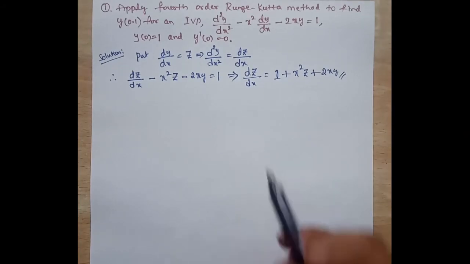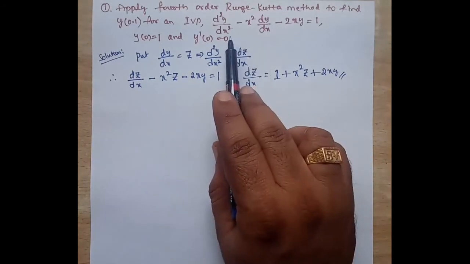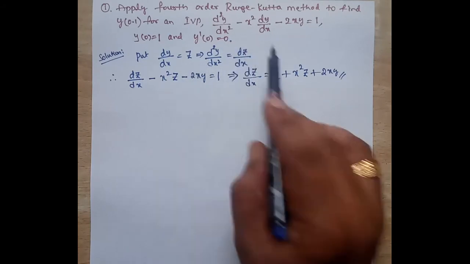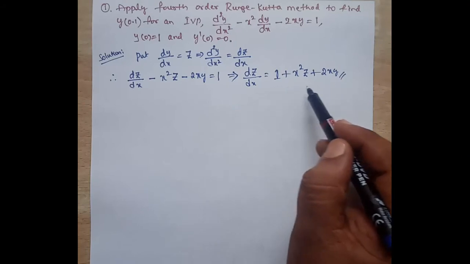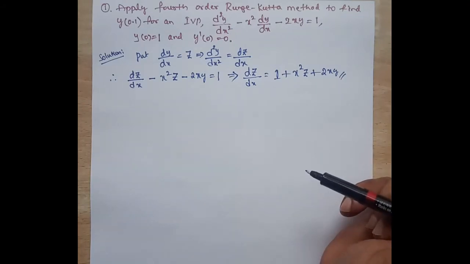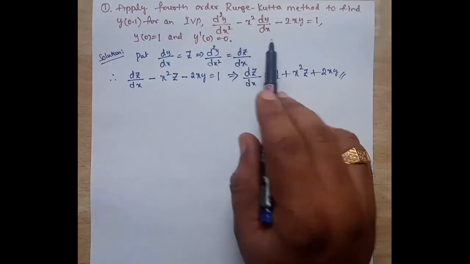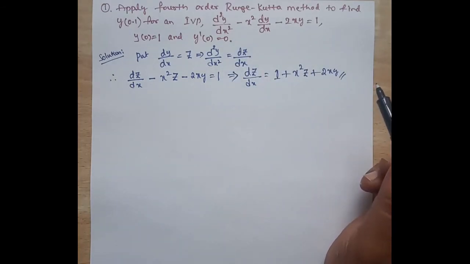Right? So the given differential equation, which is a second order ODE, using the substitution reduces to a first order differential equation form. So this is the first step in solving any second order differential equations numerically.